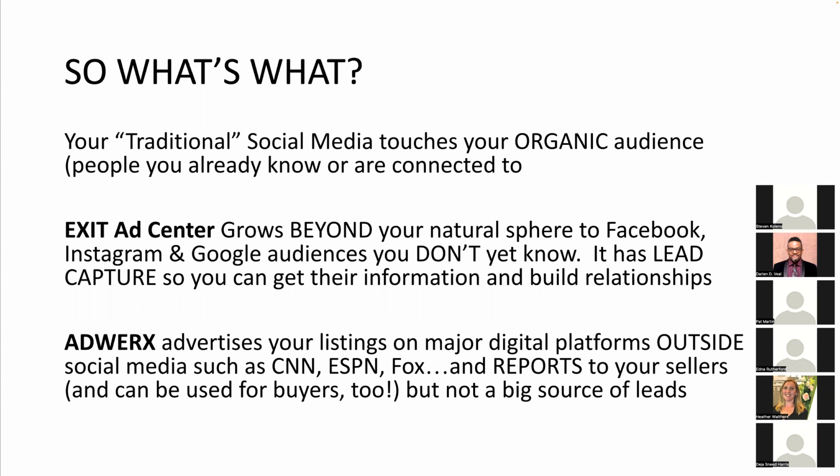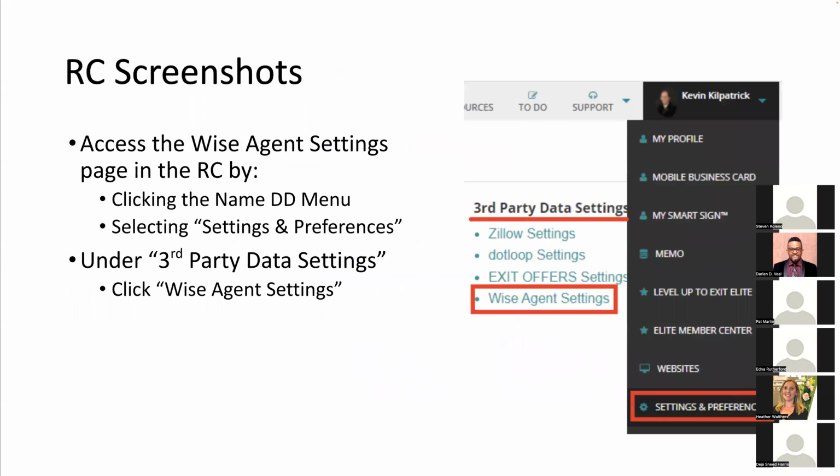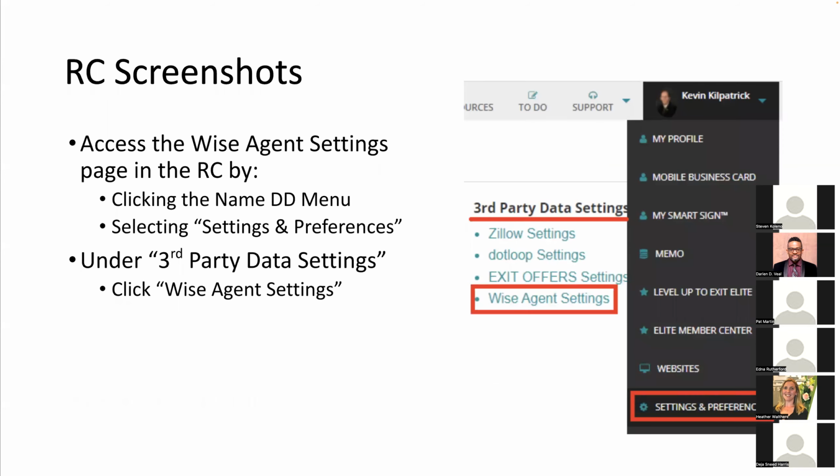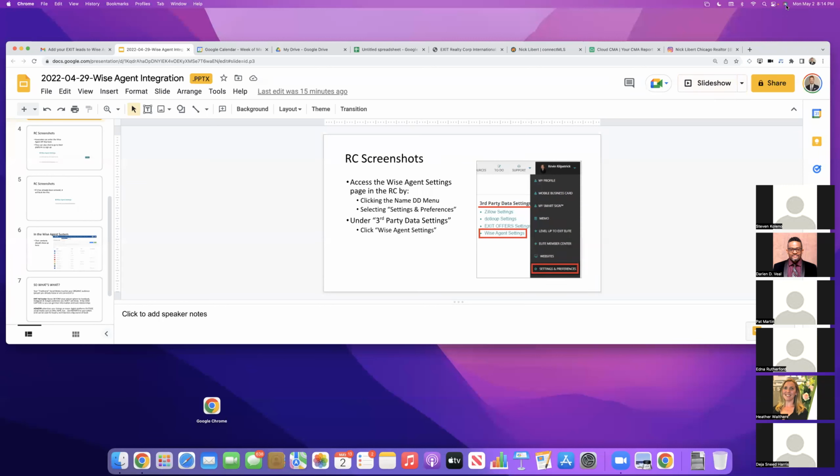So let's go back though to what I think is most exciting about all this. I think the big way to really grow this social media audience and your database, because it's not just about social media, it's your database in general. This is brand new this evening. So what do we do? So the Resource Center, the Exit Resource Center, this is your baby in general with Exit.